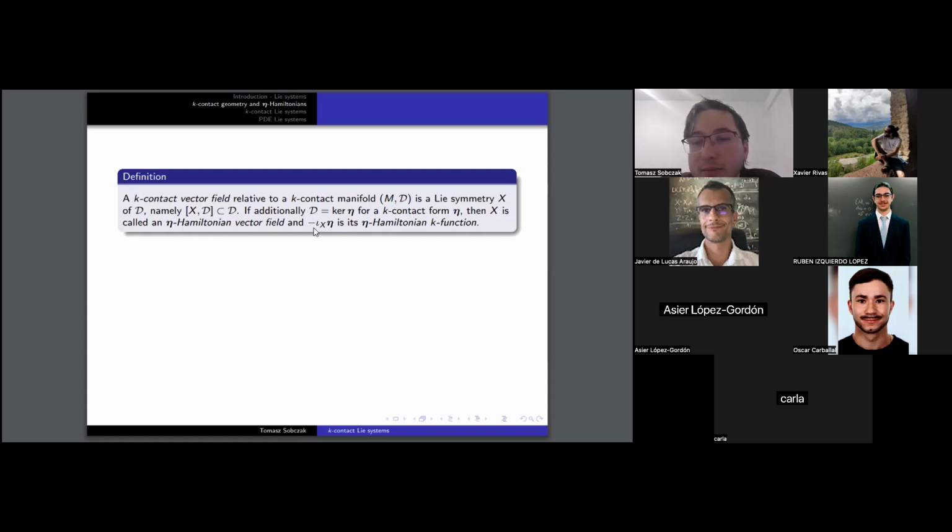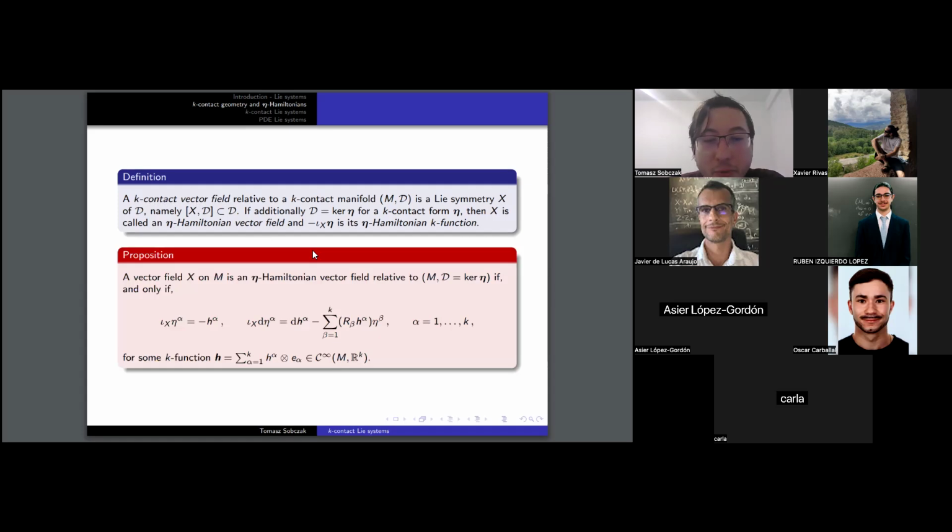Additionally, one can define the eta-Hamiltonian k-function in such a manner. I will give just the proposition, which is more useful, because it gives us the properties that have to be fulfilled for our eta-Hamiltonian k-function and eta-Hamiltonian vector field.